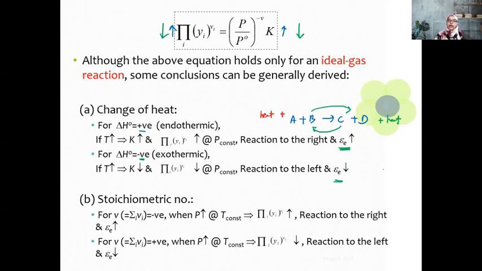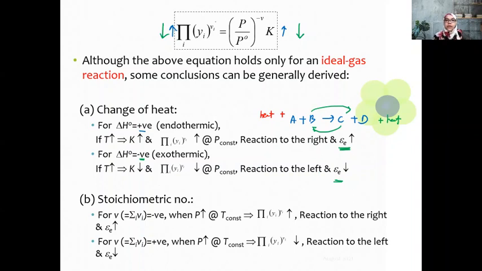So if we want to increase the efficiency of the reaction, it depends on the equilibrium conversion. If we have higher equilibrium conversion, eventually we will have a higher yield in the reaction.